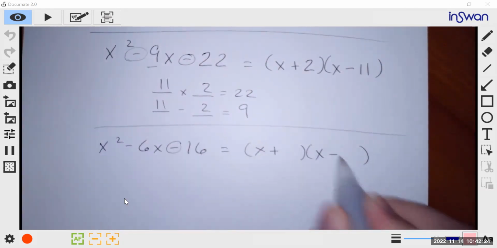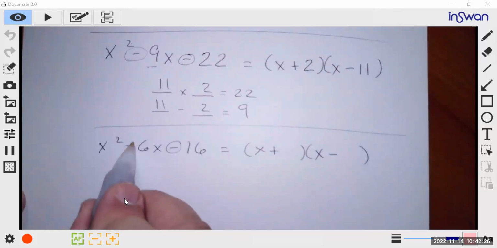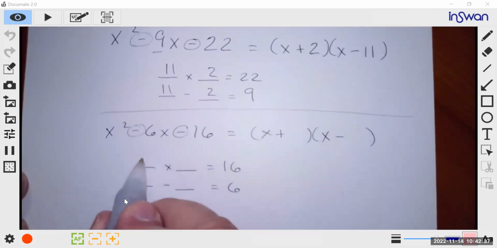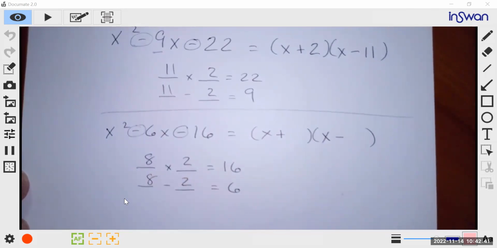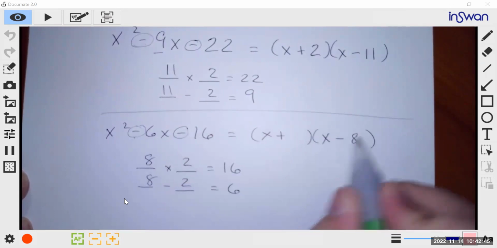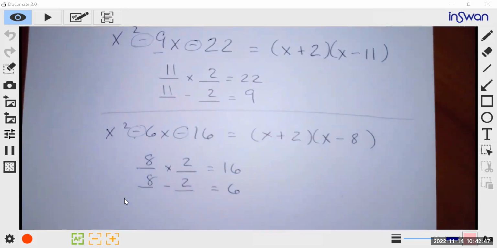One's a plus, one's a minus. And the bigger number will get the negative. What times what equals 16? When I subtract them, I get 6. 8 and 2. Since the first sign's a minus, the 8 gets the minus. That's that.